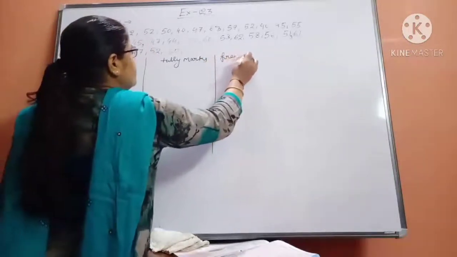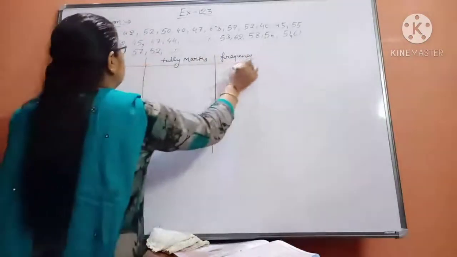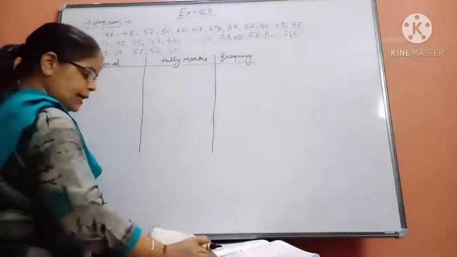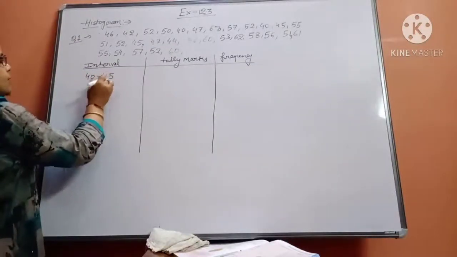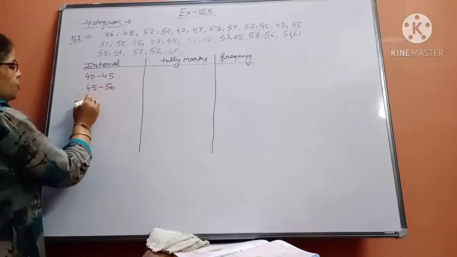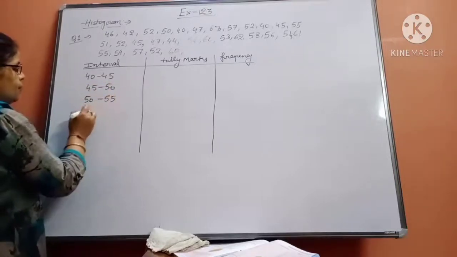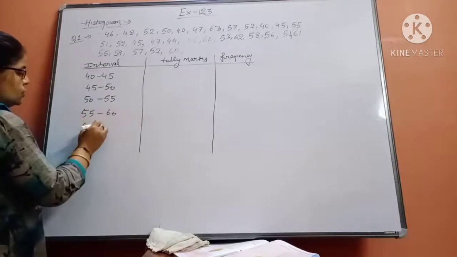Now see how you will draw. You have to make intervals like this: first interval 40 to 45, then next 45 to 50, 50 to 55, 55 to 60, 60 to 65.